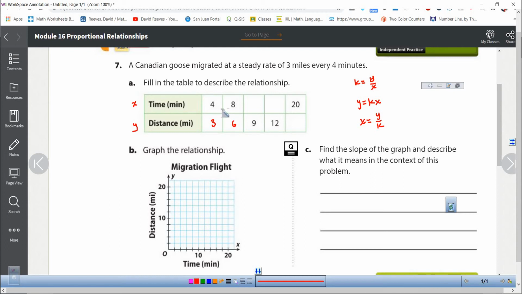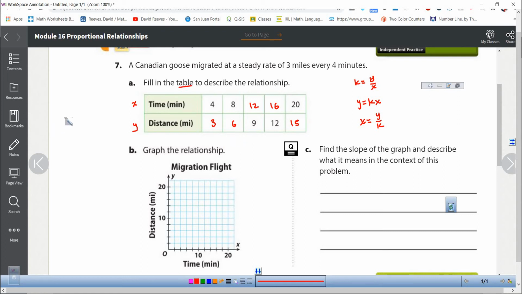So these are going to be consecutive multiples of 4. 4 times 1, 4 times 2, 4 times 3 would be 12. 4 times 4 would be 16. And you see that this is 4 times 5, which is 20. So this should be 3 times 5, which is 15. So there is a table version of our proportional relationship.